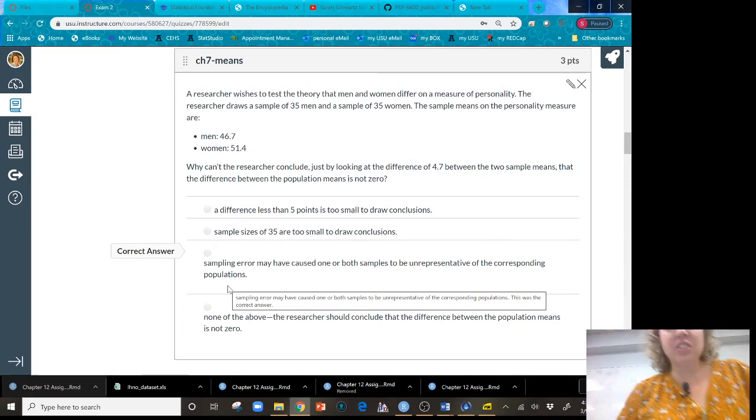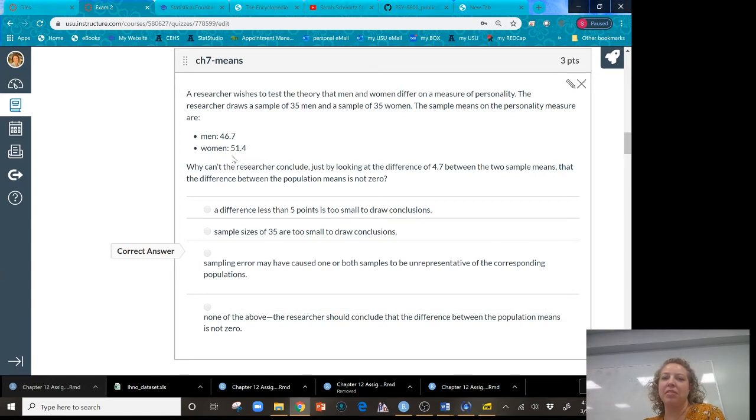Okay, a researcher wishes to test the theory that men and women differ on a measure of personality. The researcher draws a sample of 35 men and 35 women. Convenient that they're the same sample size. The sample means on the personality measure are 46.7 and 51.4. Why can't the researcher conclude just by looking at them that the difference of 4.7 means that the population difference is not 0?